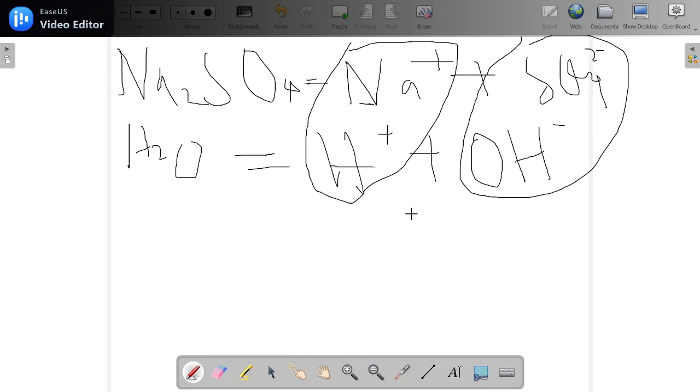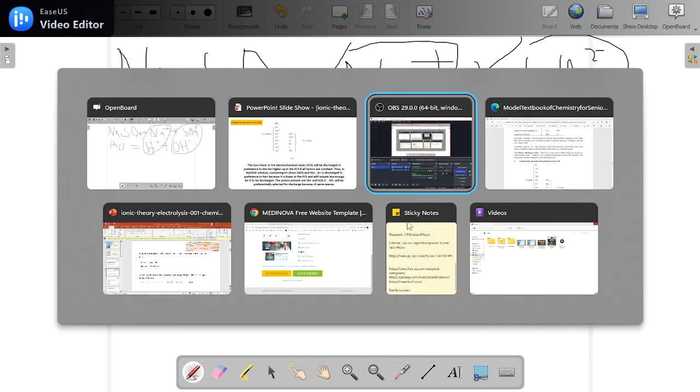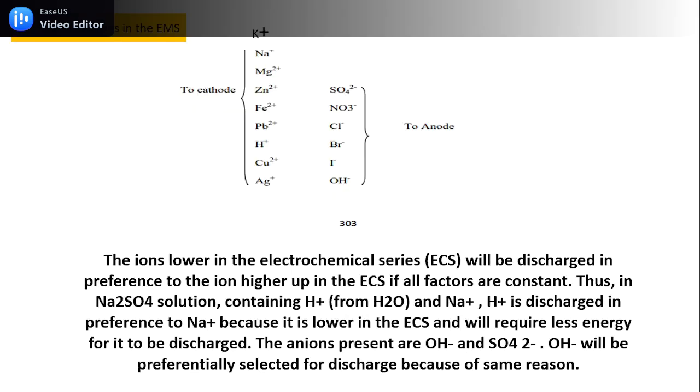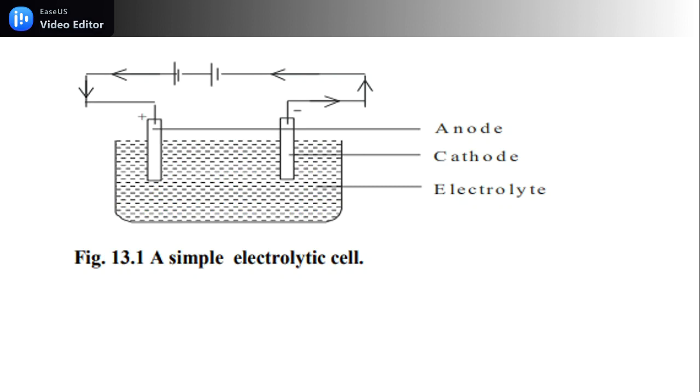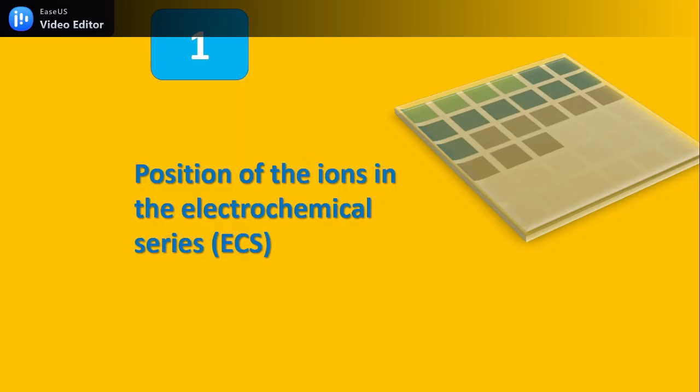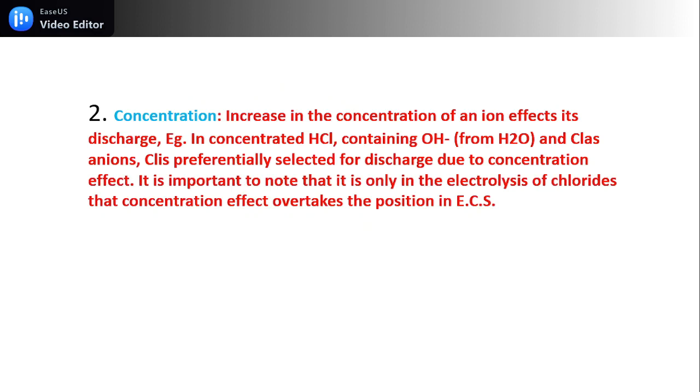So we will get to know about that, because when we look at this here we find out that it is the cathode that receives the positively charged ions. So let's proceed.